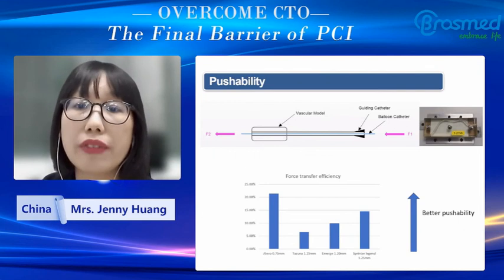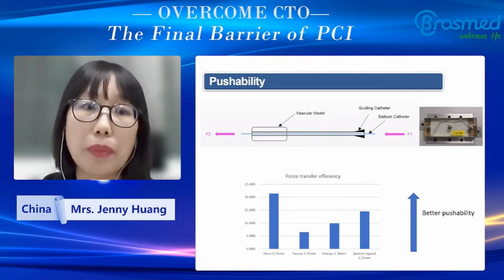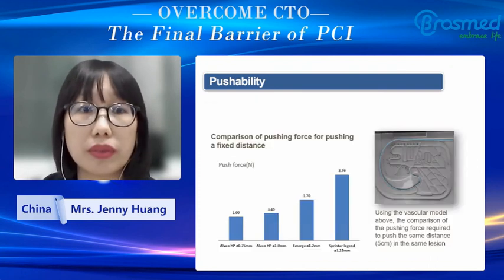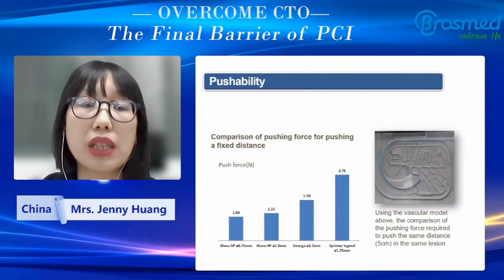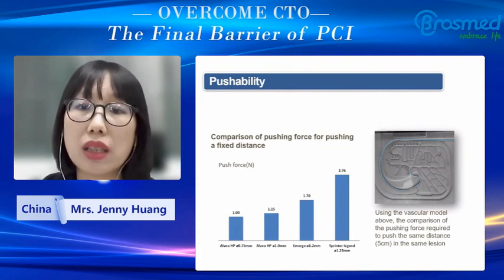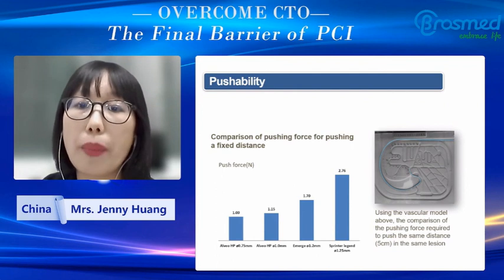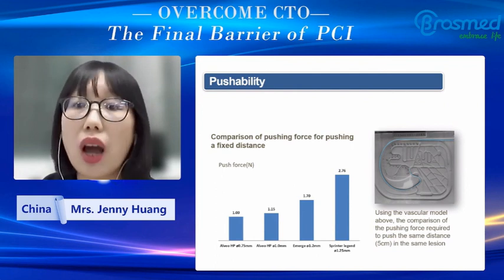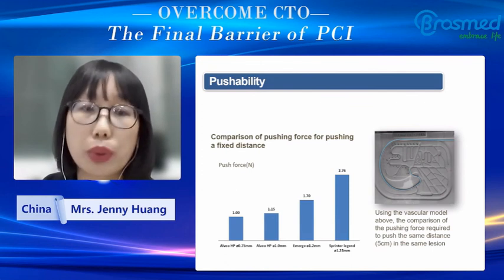Then we calculate the force transfer efficiency. Alveo HP gained bigger value, means the better pushability. We also simulate the pushability performance in the model. When we push the catheter for a certain distance, the pushing force will be measured. The smaller force, the better pushability. Once again, the Alveo HP has better pushability performance.